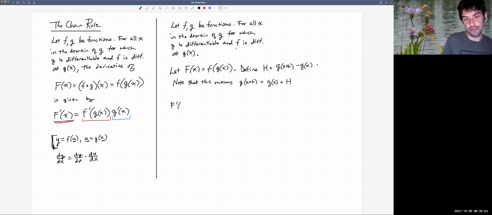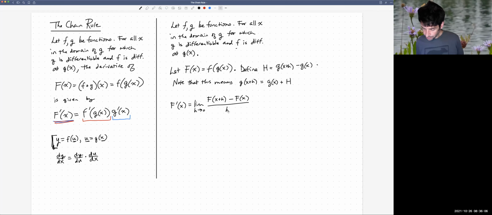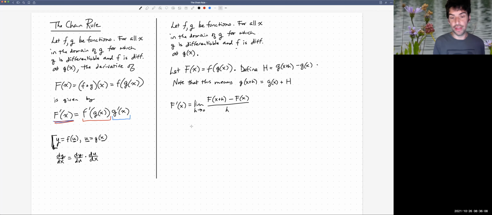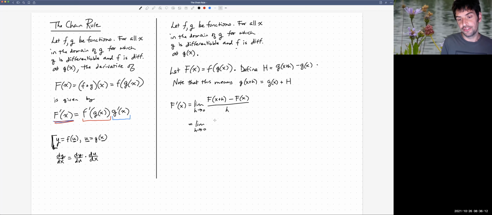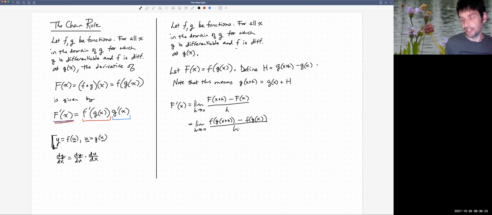F prime of x, and I'm just going to start with the definition of the derivative. The limit as h goes to 0 of capital F of x plus h minus F of x all over h. Well, we know that the definition of capital F is that this is f of g of x plus h minus f of g of x all over h.